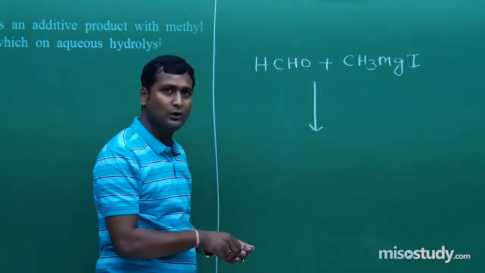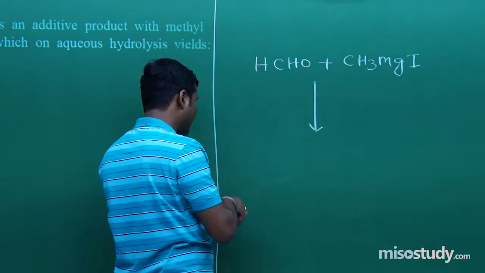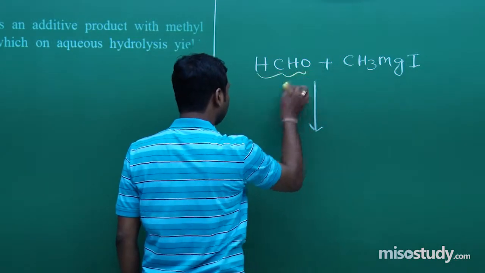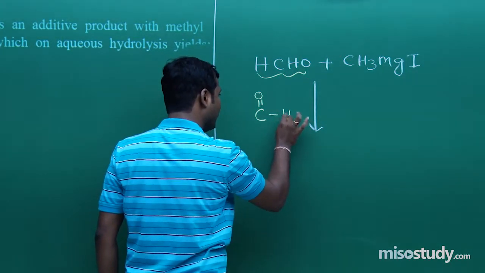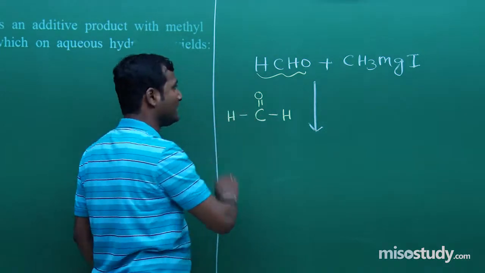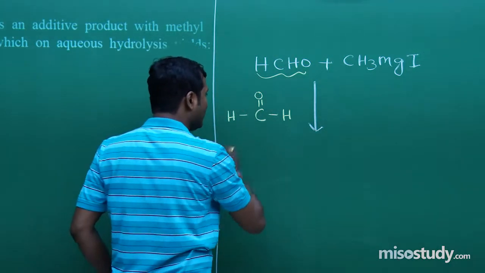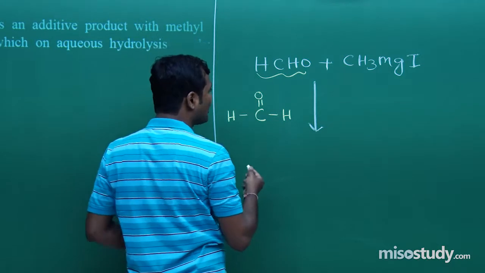What will happen? It can be written like this: C double bond O, this one is H and this one is H. Now there are 2 possibilities here.